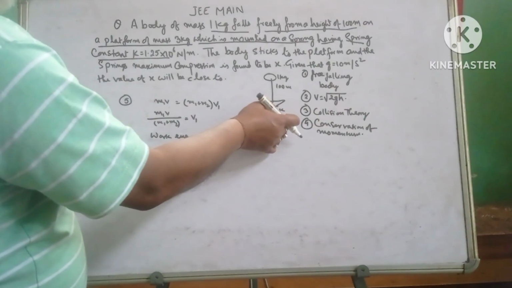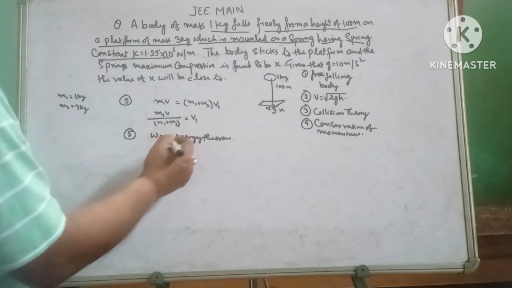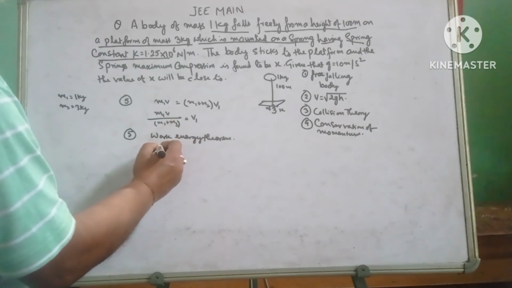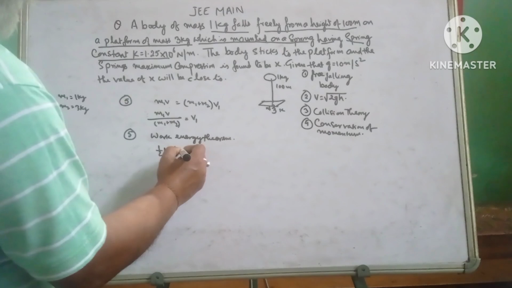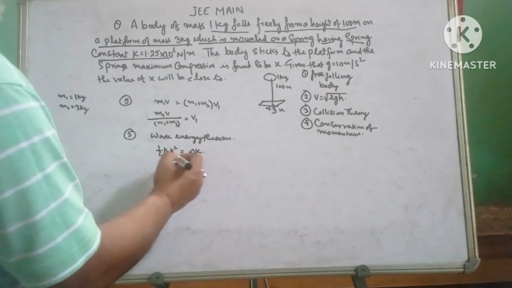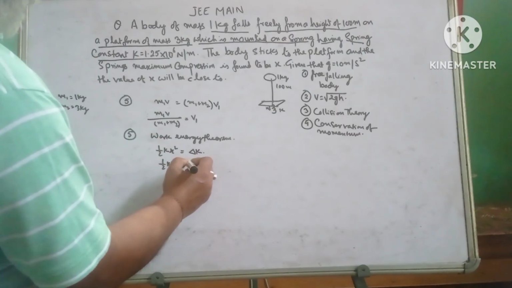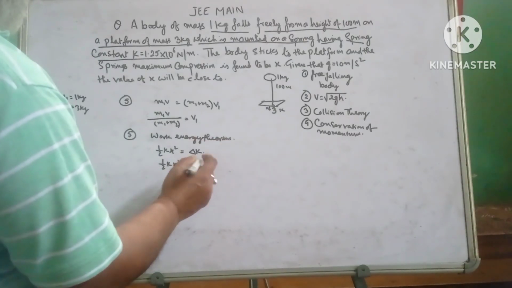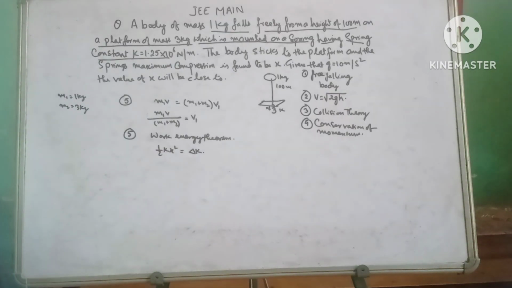Here the work done is the potential energy of the spring. So half k x square is equal to your change in kinetic energy. By the help of this change in kinetic energy, we can find the value of x.